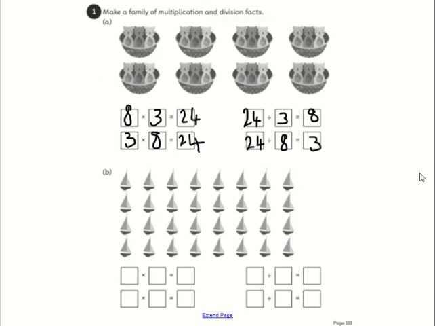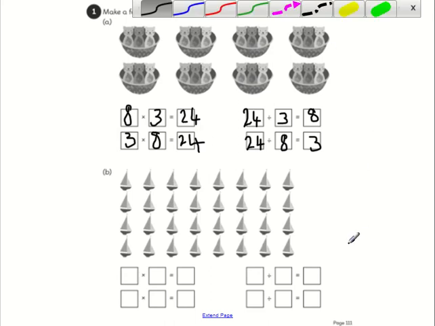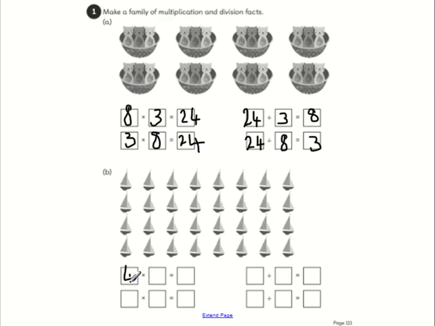Okay, so if I'm doing the same thing with the boats, what I'm going to do is think about how many rows I have. Let me just get my pen ready. So I've got 1, 2, 3, 4 rows. I'm going to write 4 here.